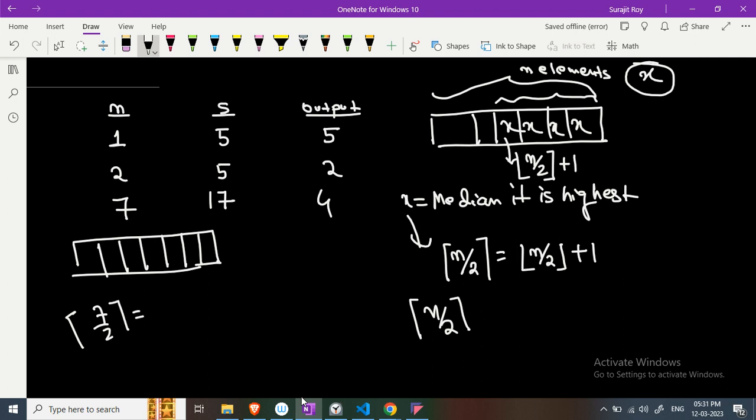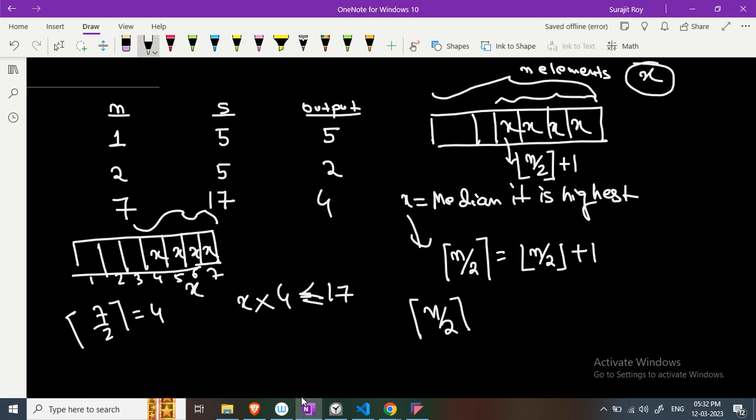My median's position will be ceiling of 7 by 2, which gives us 4. Let's suppose the maximum median is x. So from 4 to 7 it will be filled with x.